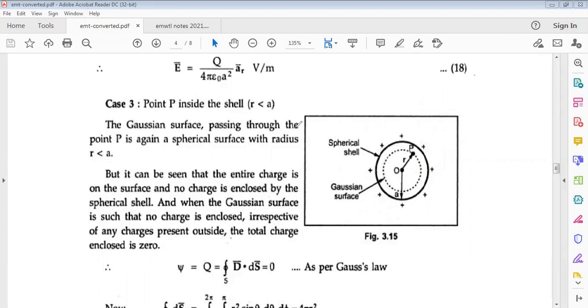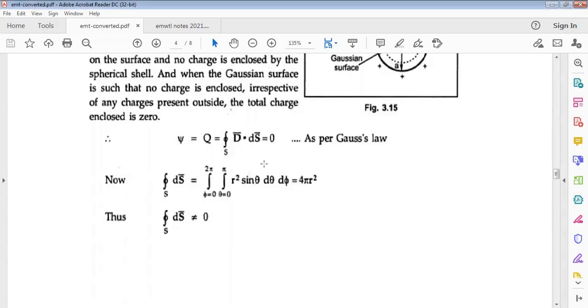See, the Gaussian surface passing through the point P is again a spherical surface, with radius r less than a. But it can be seen that the entire charge is on the surface. No charge is enclosed by the spherical shell. And when the Gaussian surface is such that no charge is enclosed, irrespective of any charge present outside, the total flux is equal to 0.